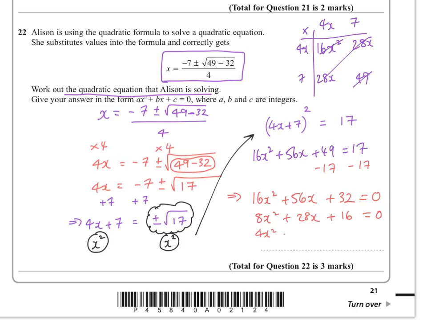That would give us 4x squared plus 14x plus 8, and then we could divide everything by 2 again, so we'd get 2x squared plus 7x plus 4 equals 0.